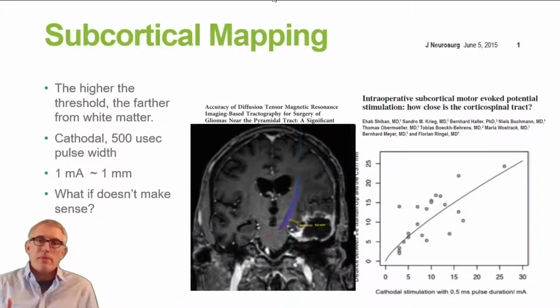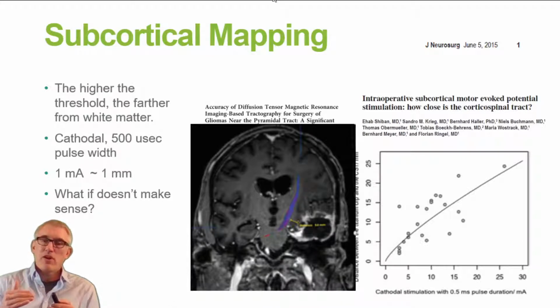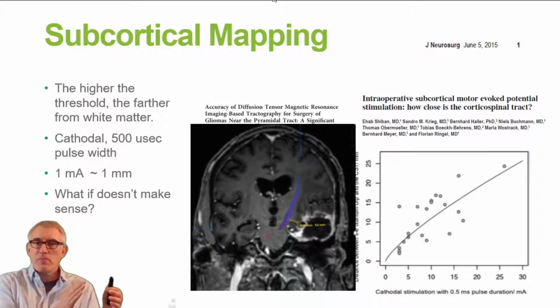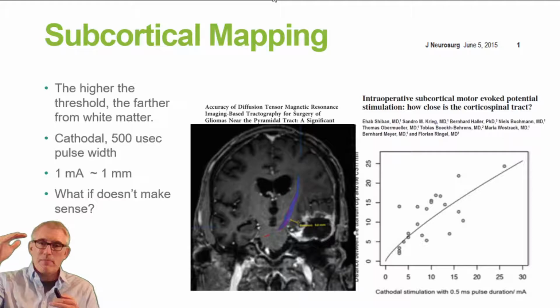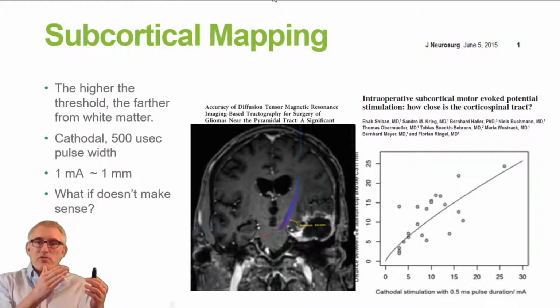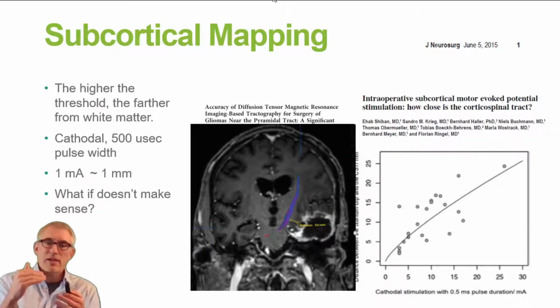For subcortical mapping, there have been a few studies which have shown that there's a pretty good correlation between the threshold, the amount of current needed to evoke a response, and the distance to the corticospinal fibers. So if you keep going up in intensity and you don't get a response until 20 milliamps, then the distance to the corticospinal tract is probably around 20 millimeters, and you can continue to safely resect.